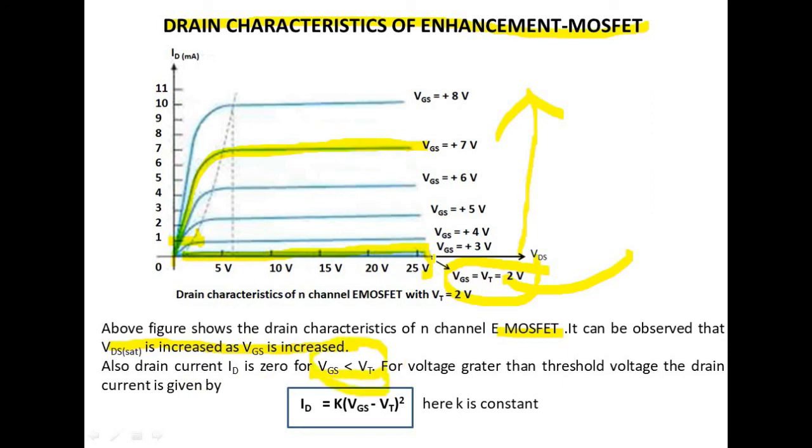Here we notice that when VGS is just 2 volt, the current is very small or is just forming. But when VGS is less than 2 volt, there will not be any current. For voltage greater than threshold voltage, the drain current is given by ID equal to K times (VGS minus VT) whole squared, where K is a constant.